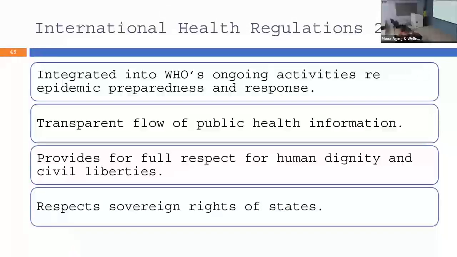Now, if a country sees something and it fits the criteria, and there are guidelines and algorithms that the IHR prescribes that you go through to see, does it meet the criteria for reporting? If you go through and it meets the criteria, then you're obligated to report. But just want to emphasize, it's voluntary reporting because the countries are sovereign.